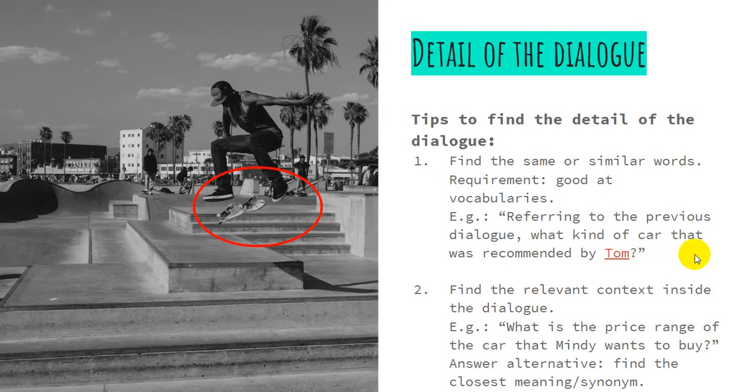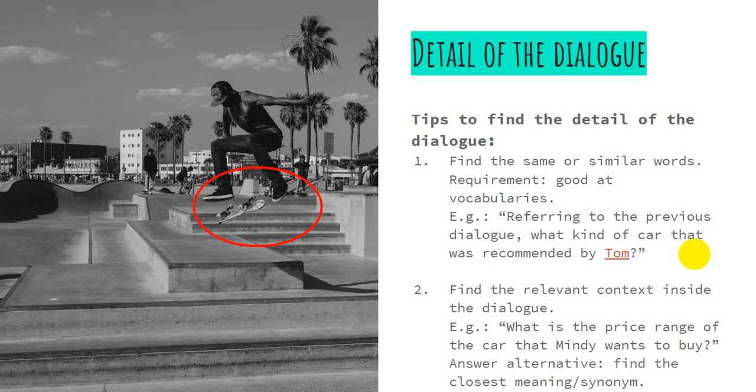And then in here you have to find the relevant context inside the dialogue. For example, what is the price range of the car that Mindy wants to buy? Okay, in the text, Mindy doesn't say anything about the price, whether it is $1 million? Is it $100? We never know.